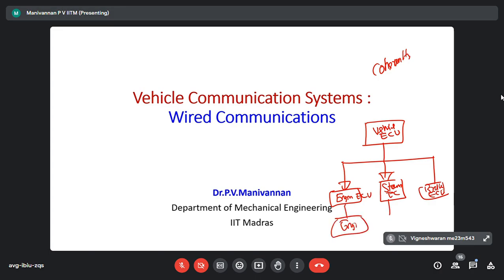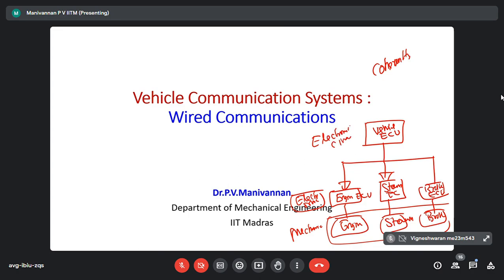Engine, steering system. Please note that the bottommost is the mechanical system. Correct? This is the brake. Correct? This is the mechanical thing controlled by an electronic circuit. ECU is nothing but an electronic circuit, and the whole thing is controlled by another electronic circuit.